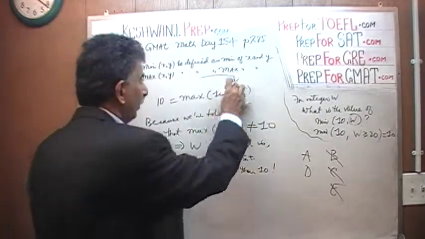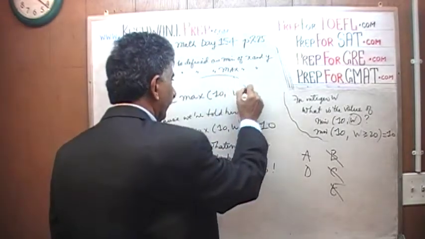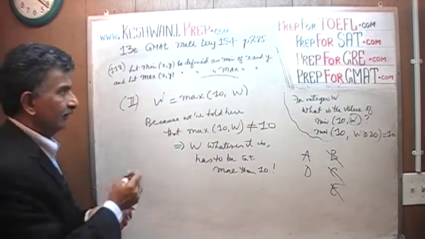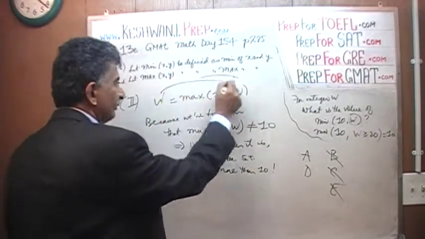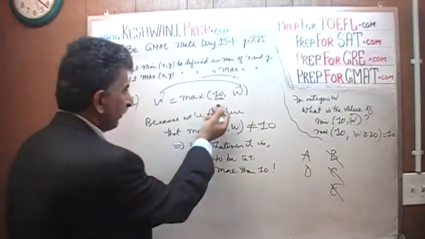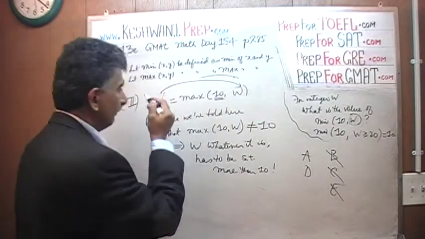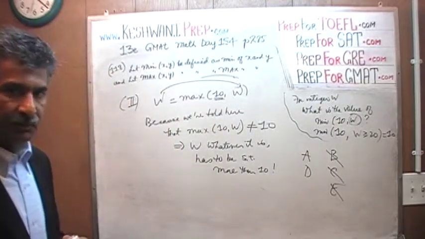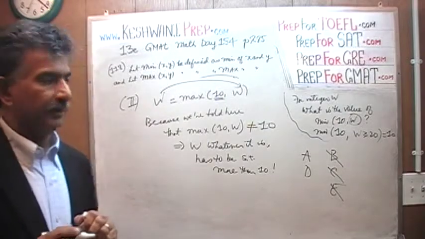But because we are told that the maximum of 10 and W is W, that tells us that this W, whatever it is, has to be something more than 10. It has to be greater than this guy, because the maximum of these two, 10 and W, is W. So the second statement tells us that W is something more than 10.